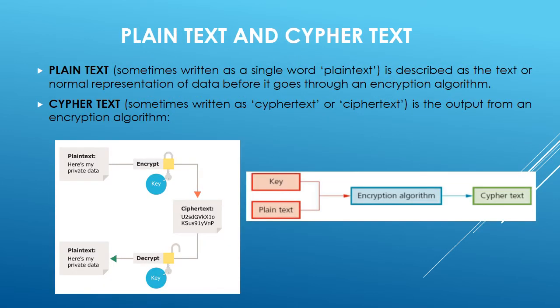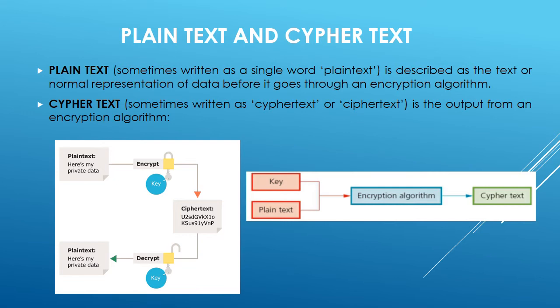Plain text and ciphertext. Plain text, sometimes written as a single word, plaintext, is described as the normal representation of data before it goes through an encryption algorithm, while ciphertext is the output from an encryption algorithm.